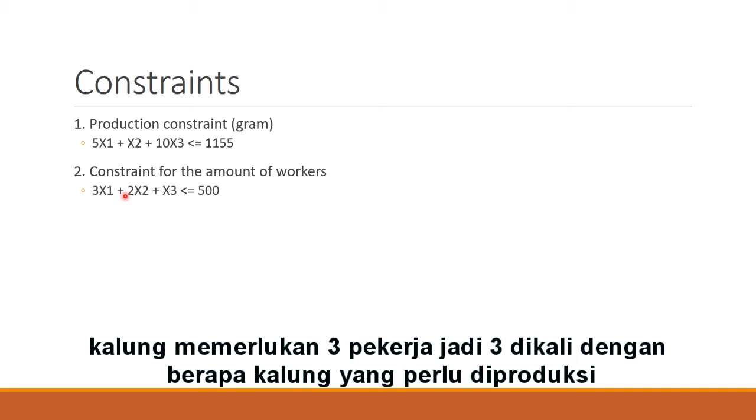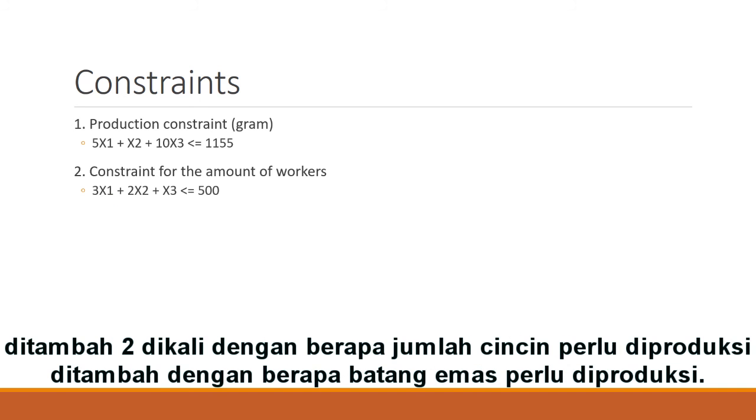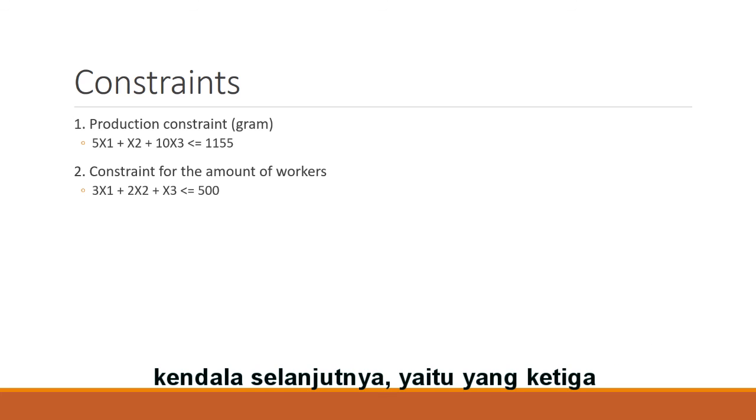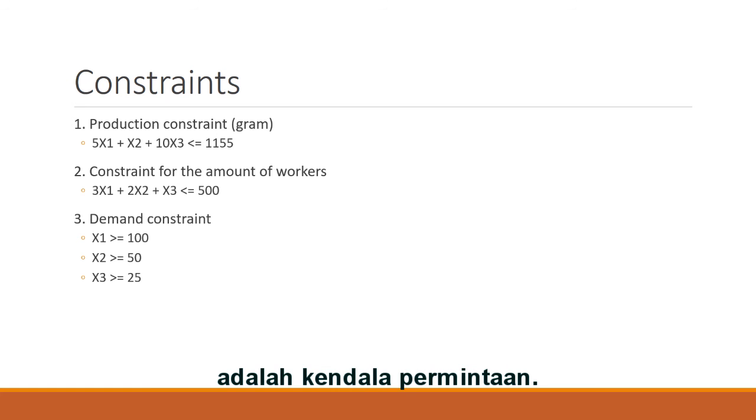So this will be 3 times how many necklaces need to be produced, plus 2 times how many rings need to be produced, plus just the amount of gold bars that need to be produced. This total should be less than or equal to 500, because that's all the workers the firm has.